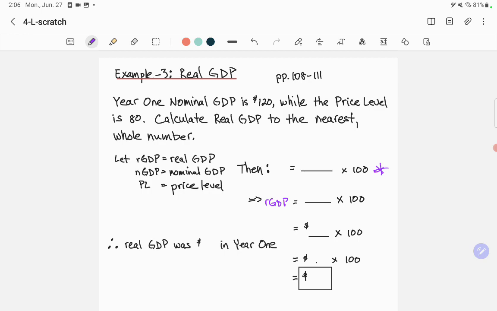Start at price level. What does price level equal? NGDP over real GDP, correct.